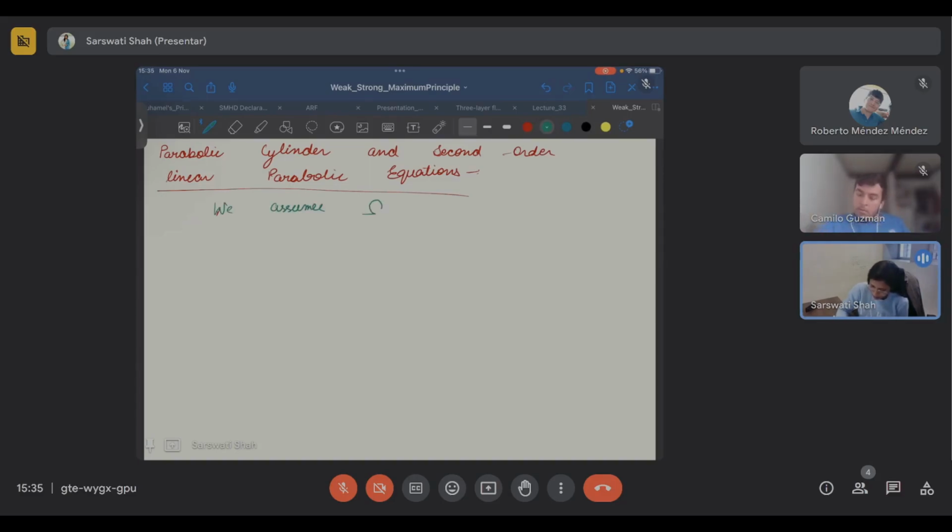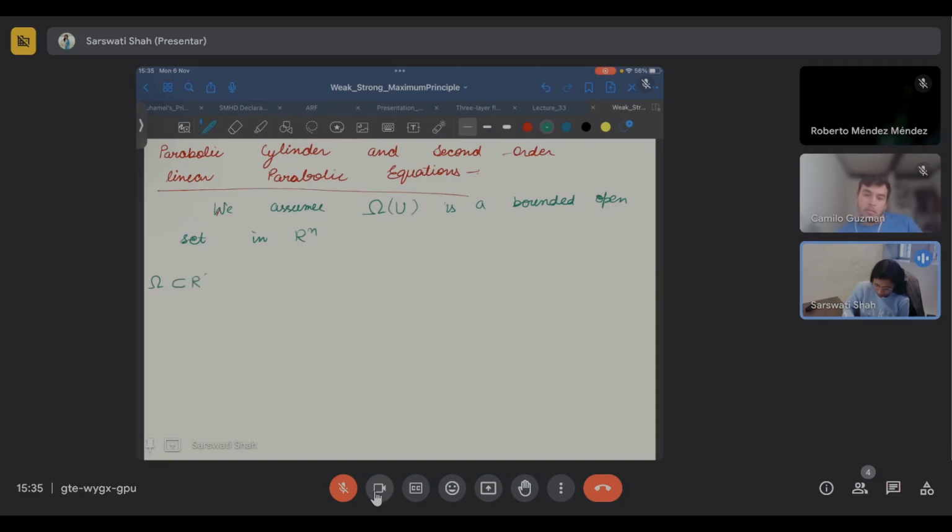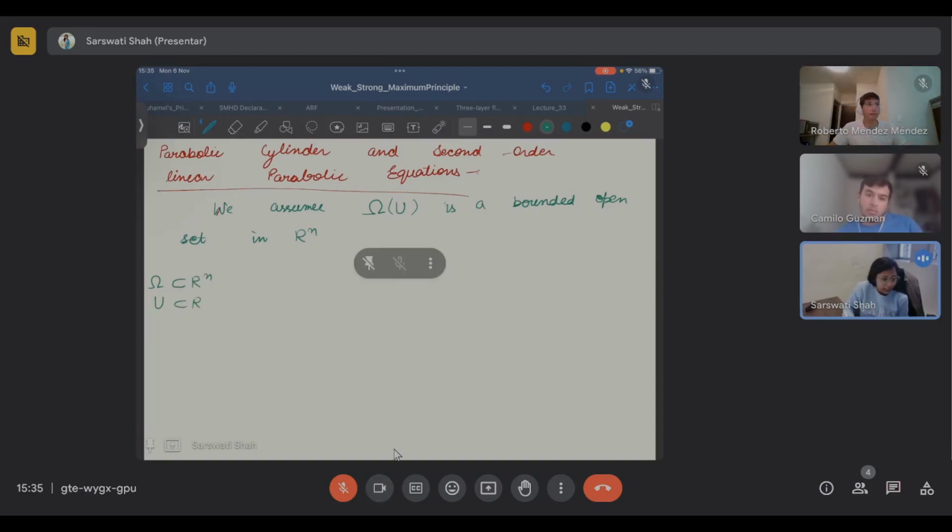We assume omega, which in the book of Evans is U, is a bounded open set in Rn. So omega is contained in Rn.